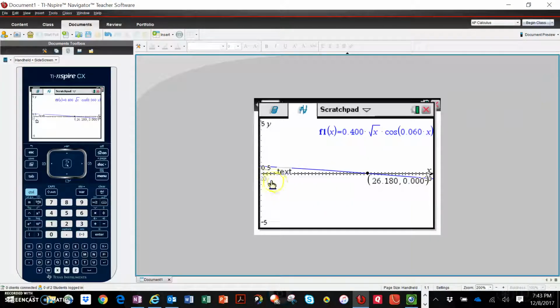On the time interval 20 to 30, the graph of the derivative changes sign just once. So what that means is from 20 until 26.180, the graph of W of t is only ever increasing. From 26.180 to 30, the graph of W of t is only ever decreasing.